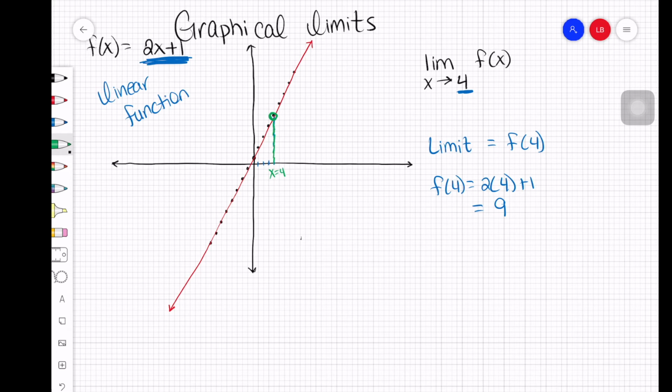And what we're going to do, and this is what we did algebraically or numerically in previous videos, we substituted values from the left into my function and got the outputs.